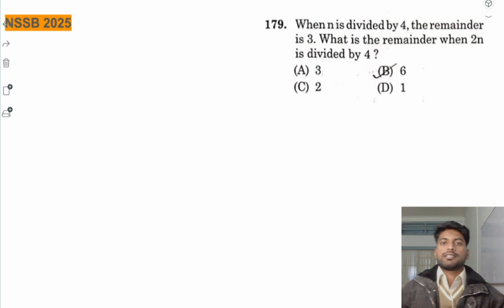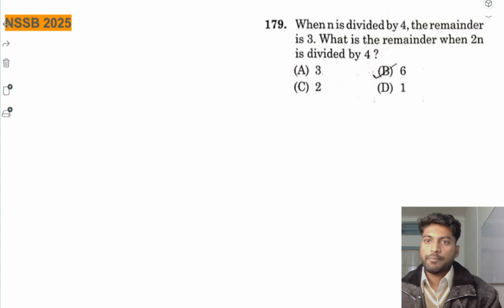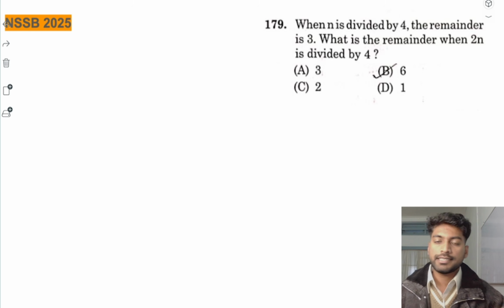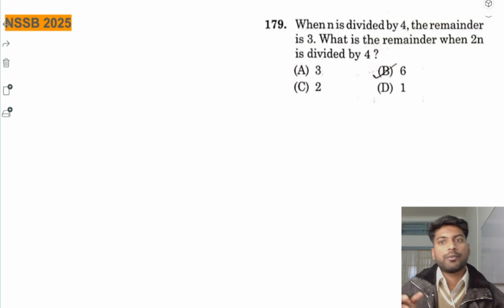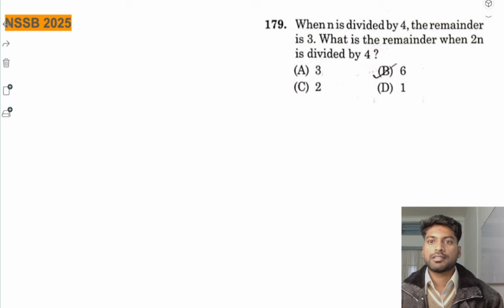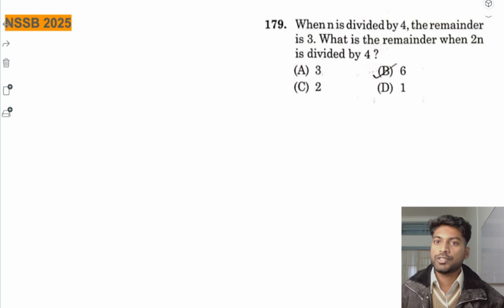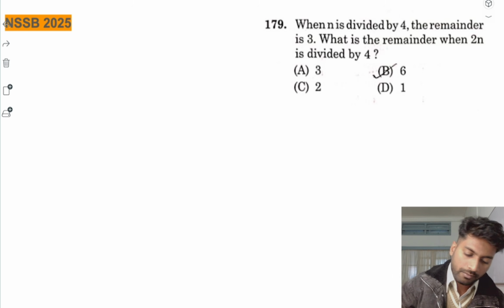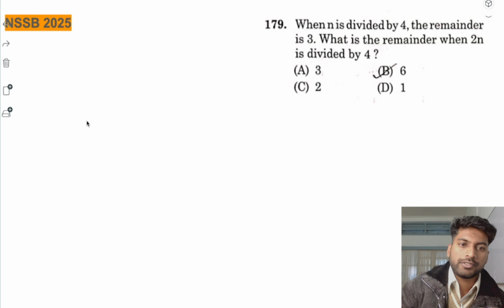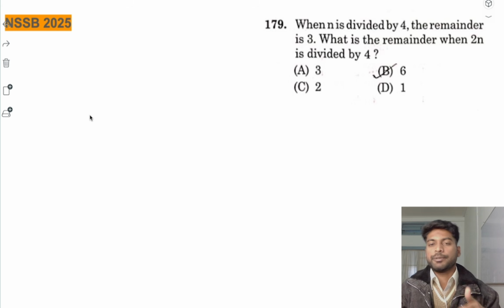Easy question here. Read the question. When n is divided by 4, the remainder is 3. What is the remainder when 2n is divided by 4? There are two ways, but I won't give you the shortcut. I'll give you a basic idea where you can understand the question.